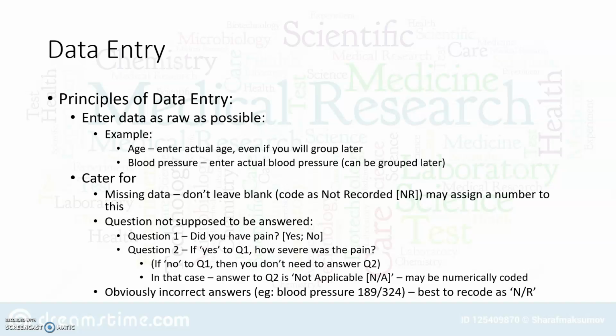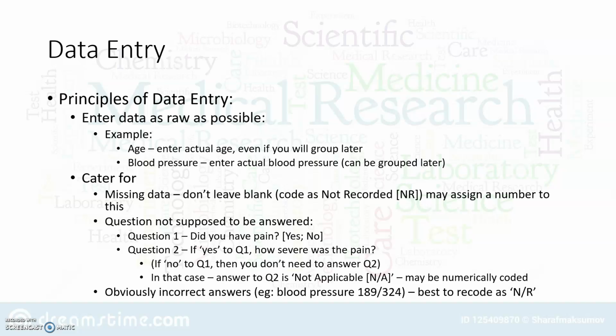First thing is, when you're entering data, keep the data that you enter as raw as possible. So for example, you may be looking at some phenomenon, chest pain or shortness of breath or depression in relation to age. And you may have in your mind that you will group ages into more manageable age groups.